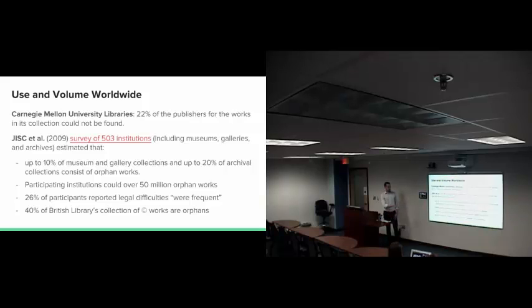Based on the estimates of these different organizations, they estimate over 50 million orphan works just amongst those institutions. 26% of those institutions reported frequent legal difficulties just trying to maintain and manage their collections. And as an indicator, 40% of the British Library's copyrighted works are orphans as well.